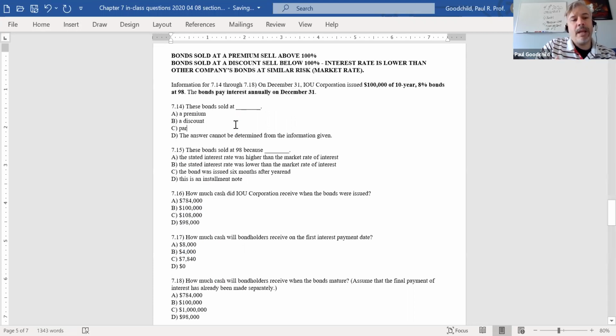So you're going to be paying interest only on this, and you're not going to be paying down any of the principal. So these bonds sold at a discount. The bond sold at 98 because the stated rate of interest was lower than the market rate.